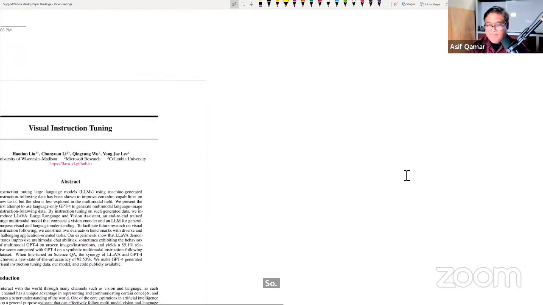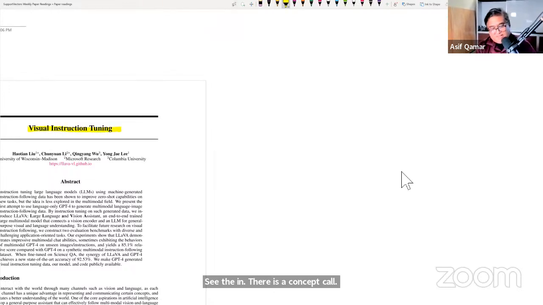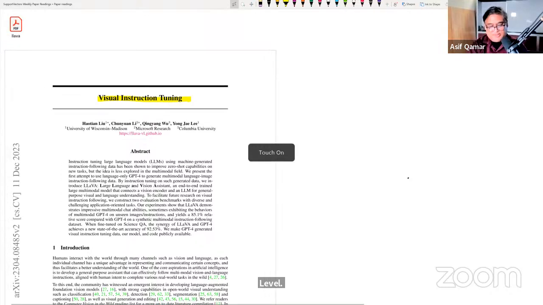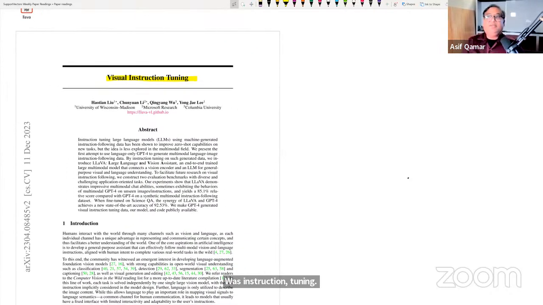See, there is a concept called instruct. The paper that introduced LLaVA was titled visual instruction tuning. Now, instruction tuning is important because, if you remember, instruction tuning led to one of the earliest alignments of a large language model, of a transformer, to answer questions better, right?